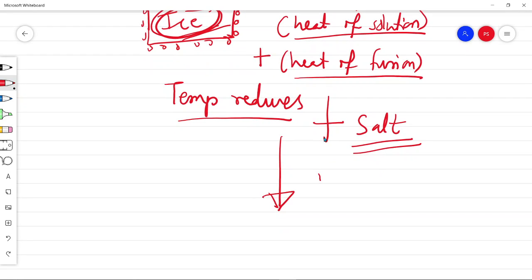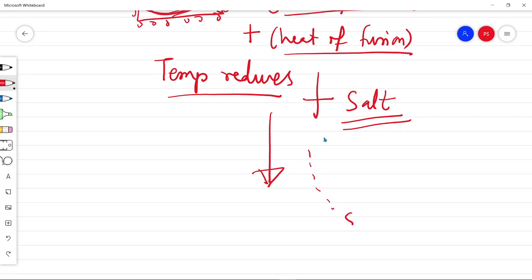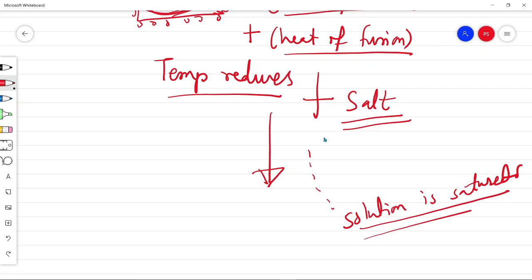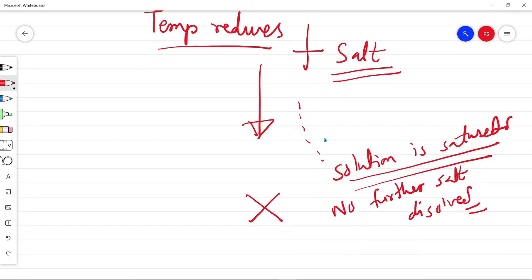The process keeps on happening till the solution becomes saturated. By that we mean that no further salt can be dissolved. At this stage, the temperature cannot reduce further.